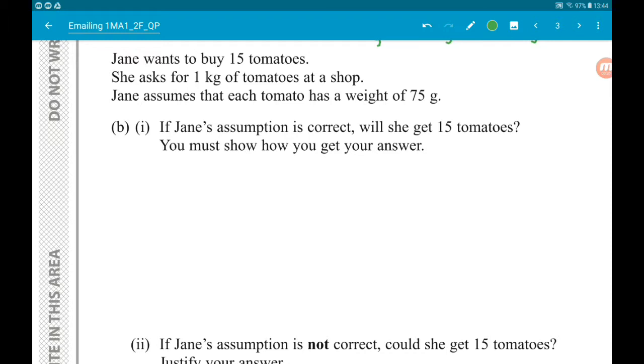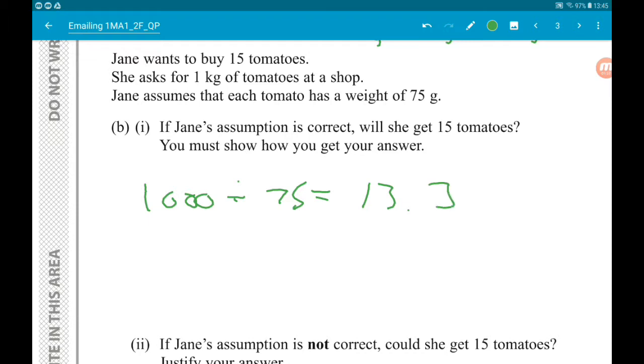The way we're going to get our answer is divide 1 kilogram by 75 grams. 1 kilogram is 1,000 grams, so we're going to do 1,000 divided by 75, and that gives us 13.3 recurring, or just 13.3.